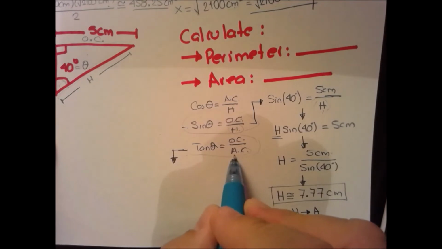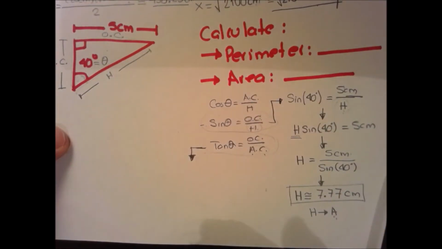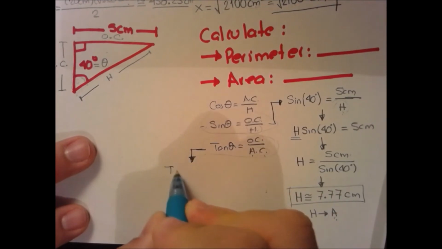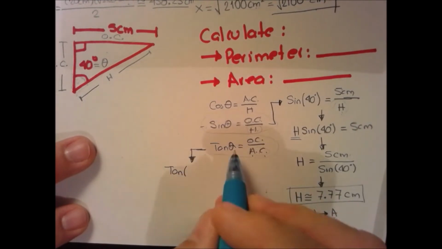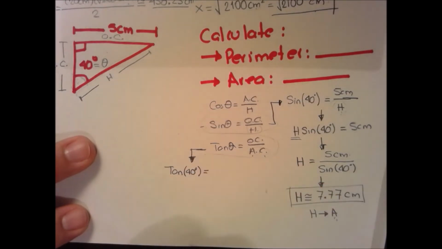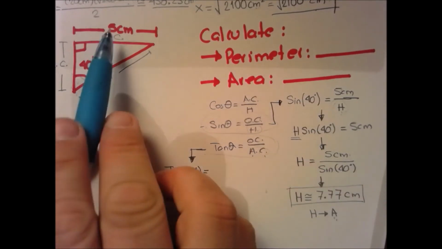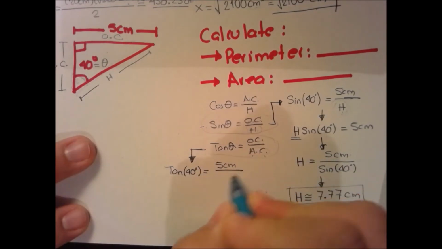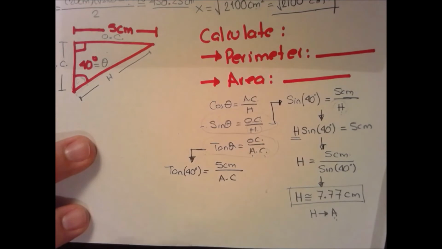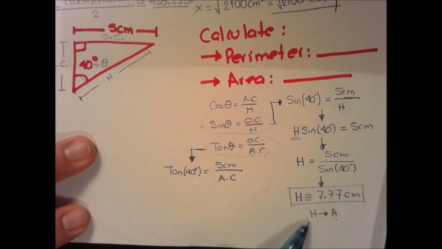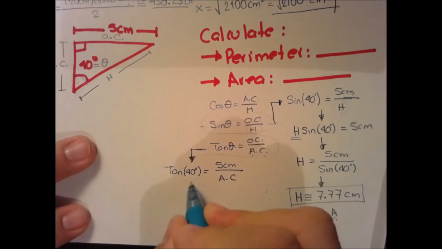Okay, so let's continue now with the tangent, because I'm going to continue over here and I want to calculate the adjacent cathetus. So I'm going to use the tangent of the angle, 40 degrees, is equal to the opposite cathetus, that is 5 centimeters, over the adjacent cathetus. I made the clear process step by step here, but it could be very easy.